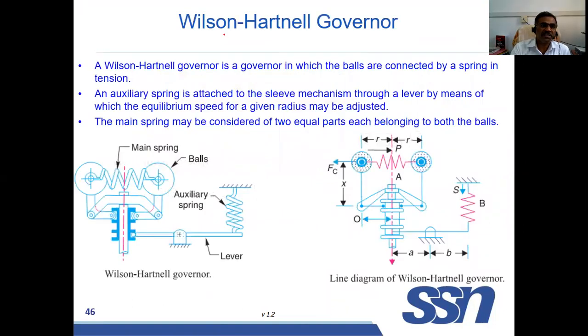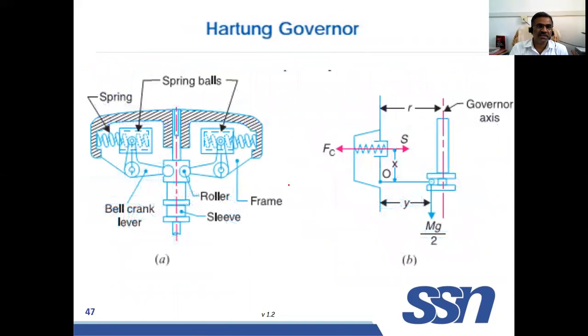Now this is the Wilson-Hartnell governor. This is another type of governor. Here also we have a bell crank lever. In the Hartnell governor, the spring was connected here, but here the spring is connected in between two balls. This is the Hartung governor.